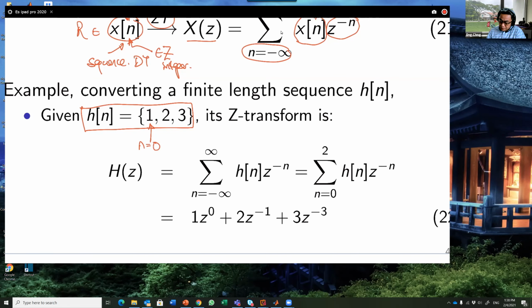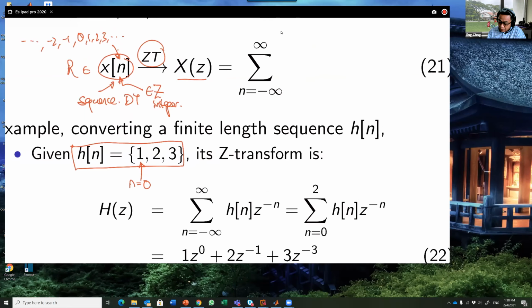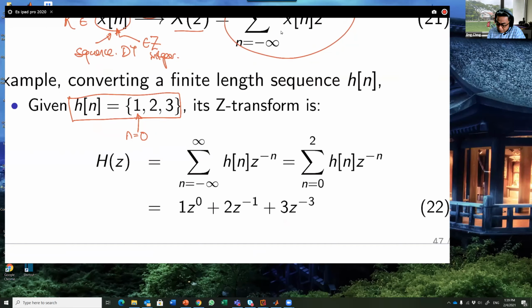Now, when n equals to 0 here, then you look at this equation, and then we expand this equation into all its individual components. Then what we do is we have h n, z minus n, and since everything else after 0, 1, 2, everything else is 0, there's nothing to do for the sequence, so we actually ignore this.